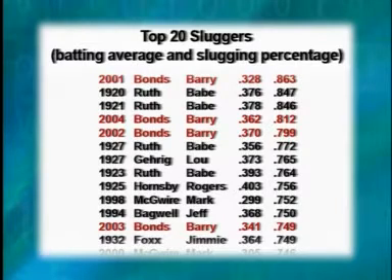Now, what's really interesting about that fact is that up until Barry Bonds was 35 years old, he played professional baseball starting at age 21. From years 21 to 35, he never had a slugging percentage that reached the 700 level. Not the 700 level, not the 800 level, the 700 level.